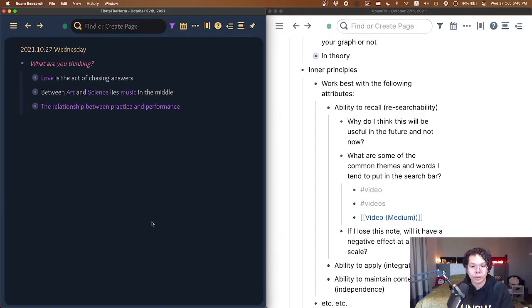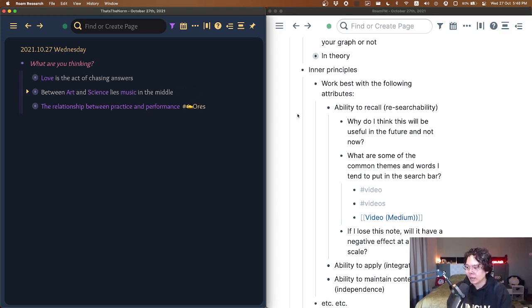So, as an example, I have my actual graph here, and in this particular note, I've written, between art and science lies music in the middle. I could have just not tagged them in the sentence. I've written "or" in there so I can add a checkpoint. I can look back at it later.